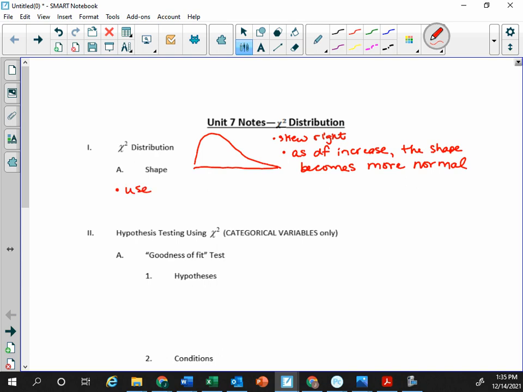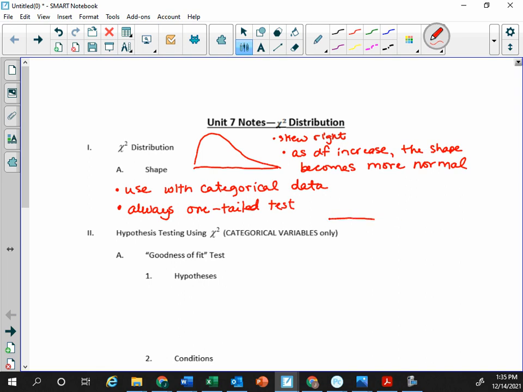And we will always use this with categorical data. And it's always going to be a one-tailed type of test, okay?